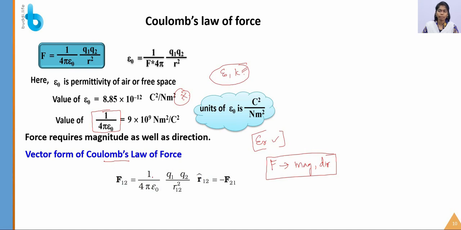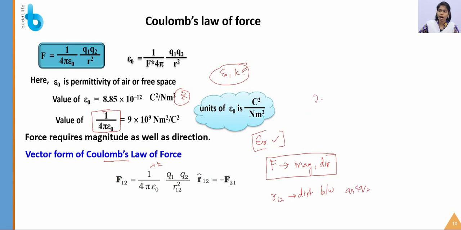So, according to Coulomb's law, F equals 1 by 4 pi epsilon naught, that is K, Q1 Q2 divided by R12 square. Here R12 is the distance between Q1 and Q2.